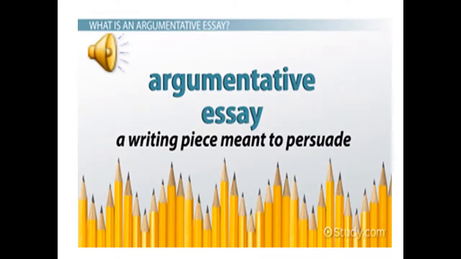Second composition writing type is argumentative essay. Argumentative essay is a writing piece which is meant to persuade the reader to what you think is right through examples, facts, and figures.